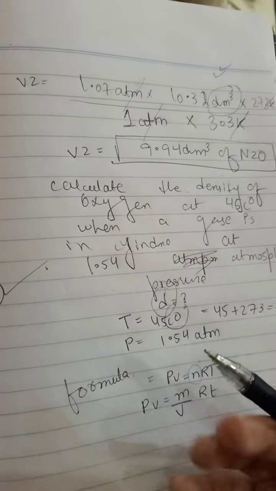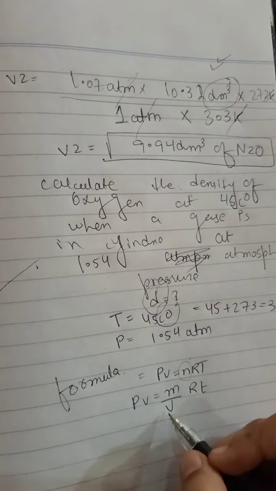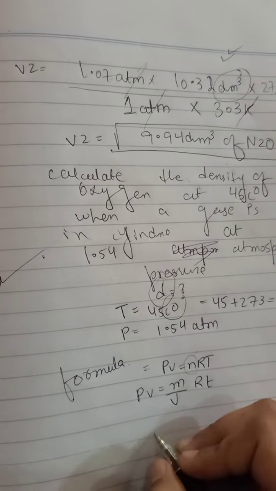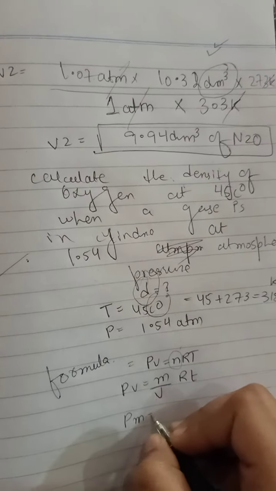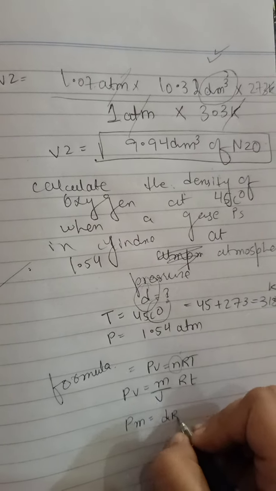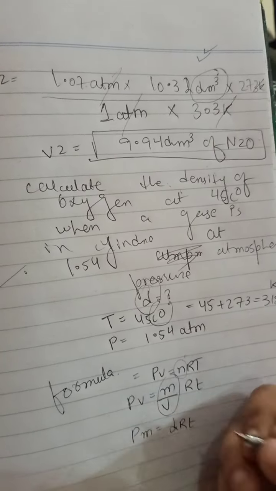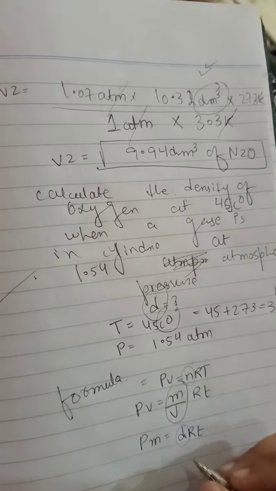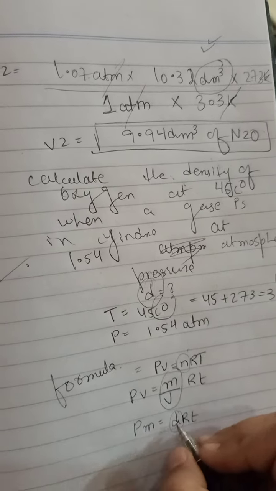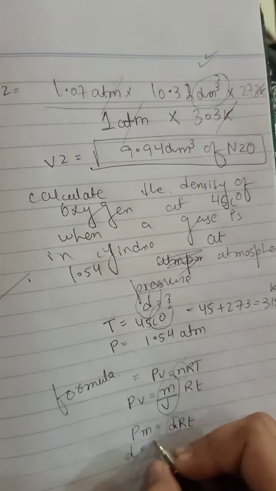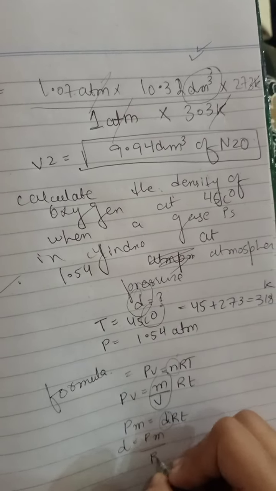Mass per volume is the formula of density. So PM is equal to DRT, where D is the density. So density is equal to PM upon RT.